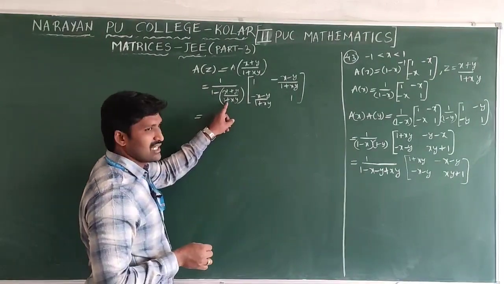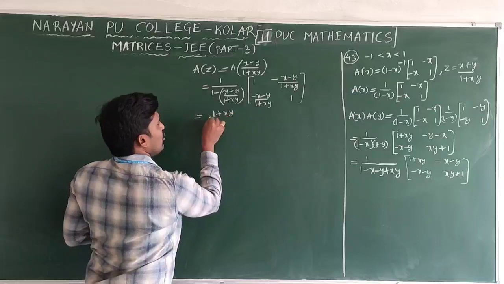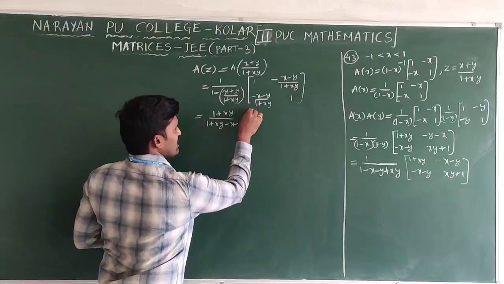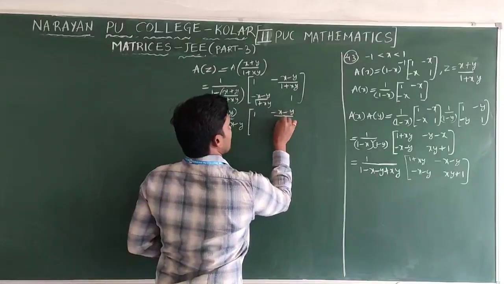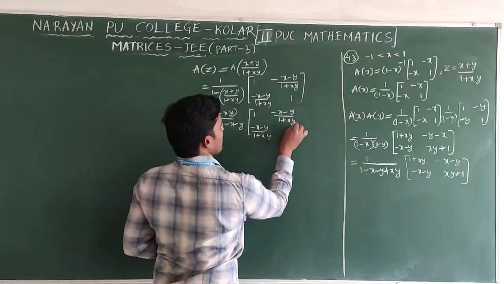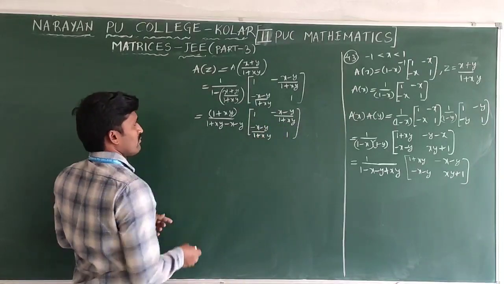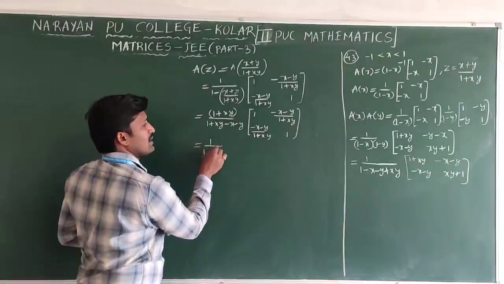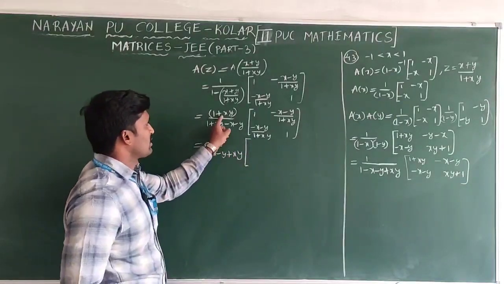Now here, what is the LCM? Clearly 1 plus xy. If you take the LCM, this value comes to the numerator: 1 plus xy by 1 plus xy. If you multiply the minus inside, minus x minus y. Now here, 1 minus x minus y by 1 plus xy, minus x minus y by 1 plus xy, 1. If you multiply by 1 plus xy, for a matrix we need to multiply every element. Now 1 by 1, I'll write first, minus x minus y plus xy, into 1 plus xy multiplied inside.